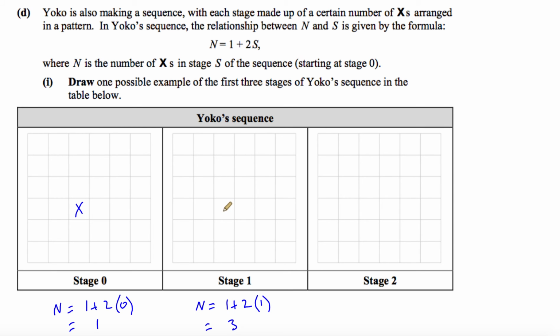So we could have 3 x's, maybe arranged like this, another one added each side. And stage 2, the number of x's will be 1 plus twice 2. So that's equal to 1 plus 4, which is 5. So we'd have the original plus 2 each side.